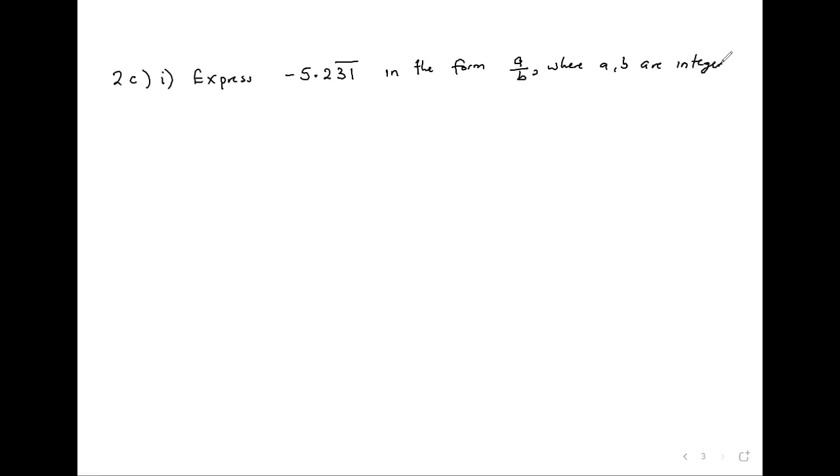Then I'll skip the other part and go to question 2C1, where we must express negative 5.231 in the form a over b, where a, b are integers and b is non-zero.